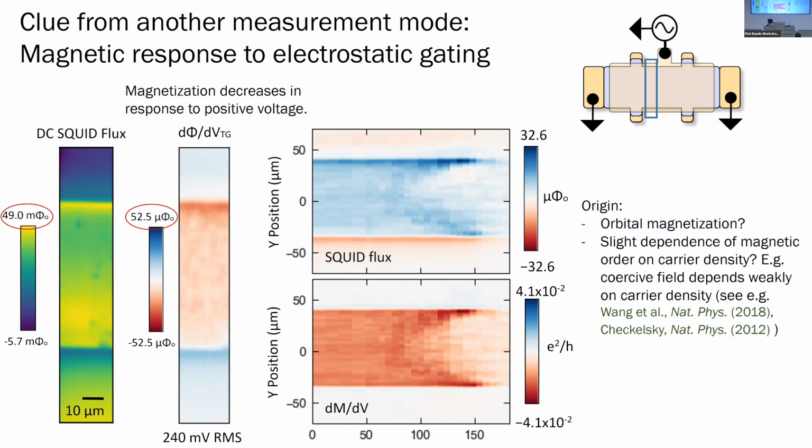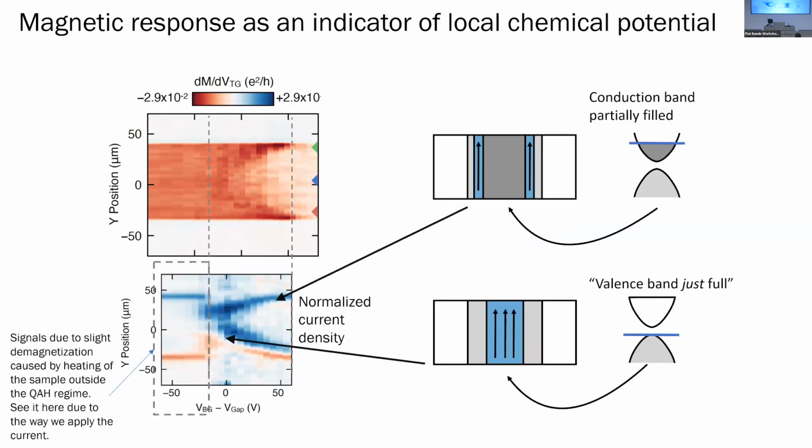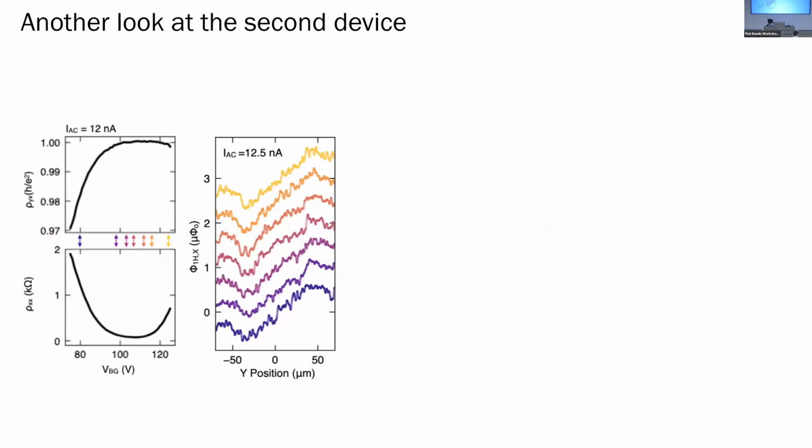We interpret this signal as a local marker of where the Fermi level is locally in the sample, and the substructure we see in that measurement mode nicely matches the observed current density that we see.